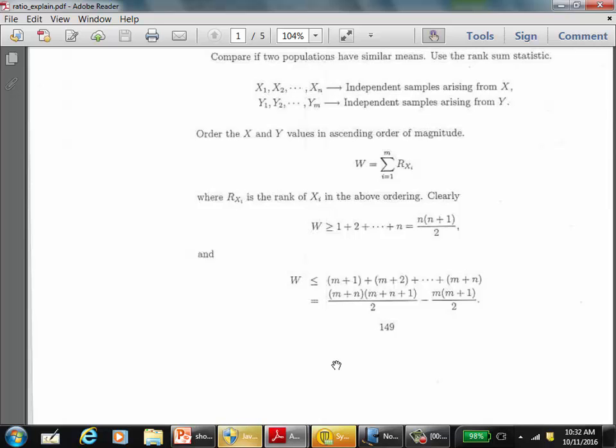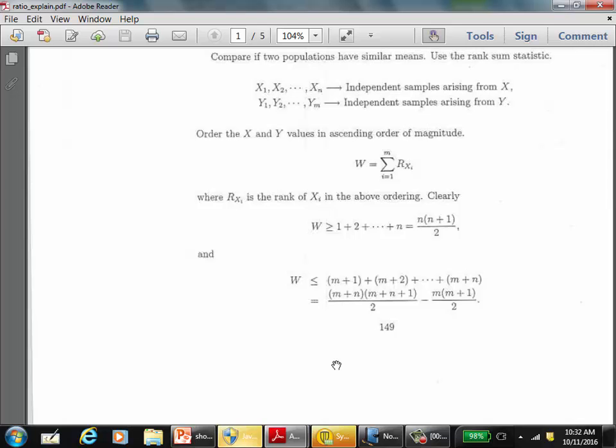And again, you can sum this up because it's the sum of the first m plus n natural numbers minus the sum of the first m natural numbers. So you get (m plus n) times (m plus n plus 1) over 2 minus m times (m plus 1) over 2. Agree? So W has got to be less than this number. These are the two extreme situations that you can have.